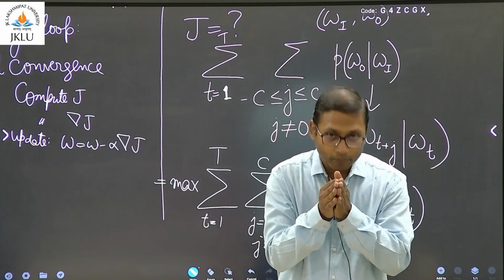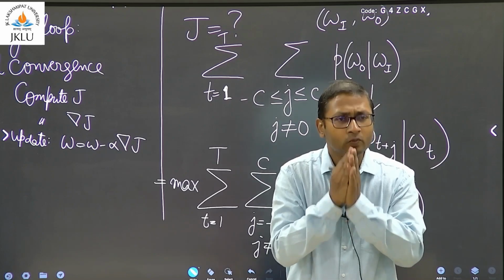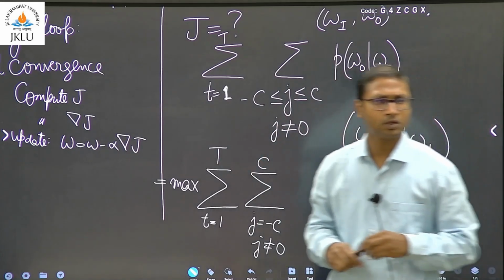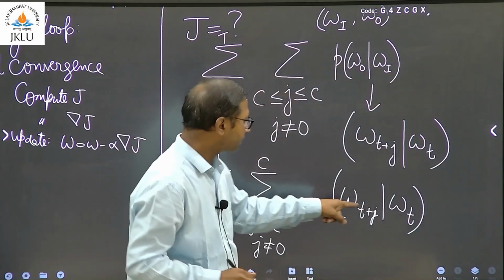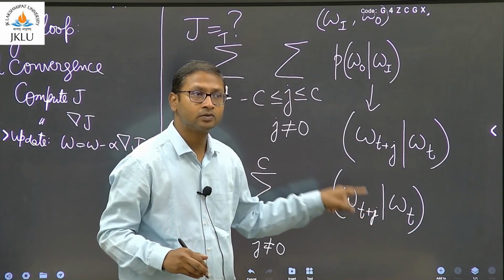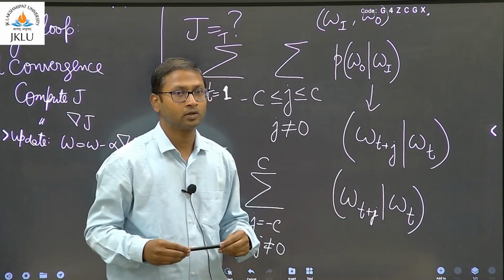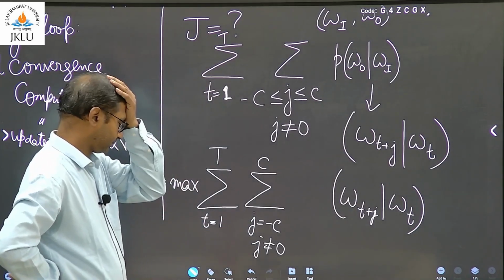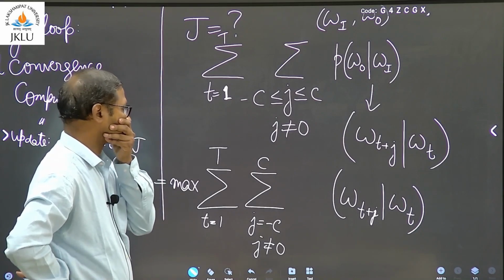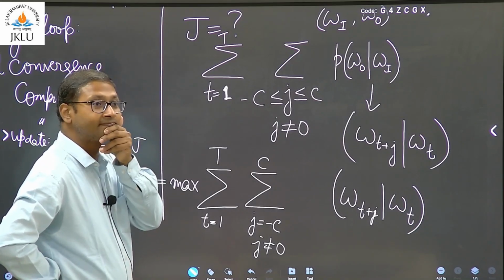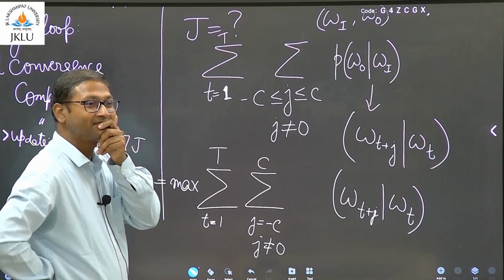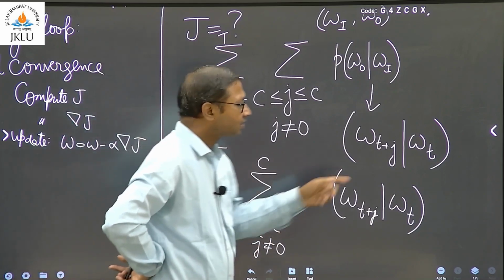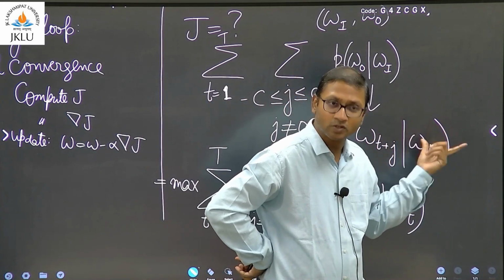That means the probability distribution will be such that almost all words, barring a few, will be very, very close to 0. Right? So these numbers are going to be very small.